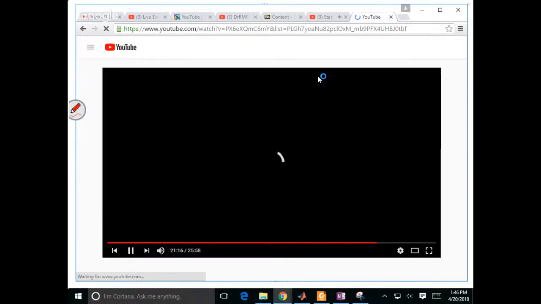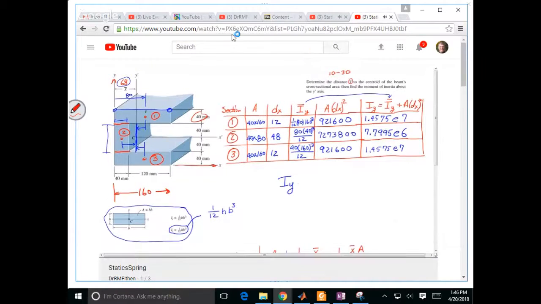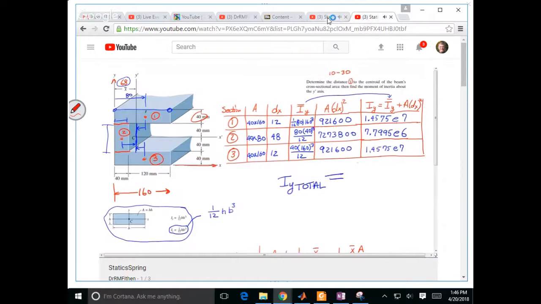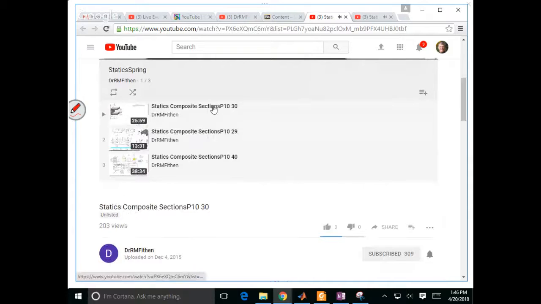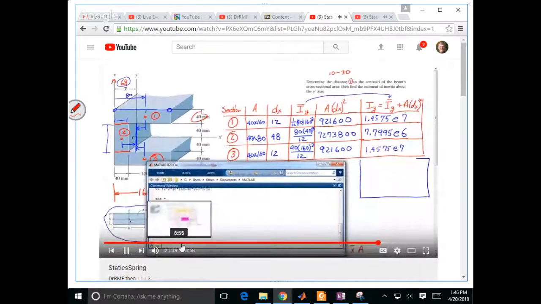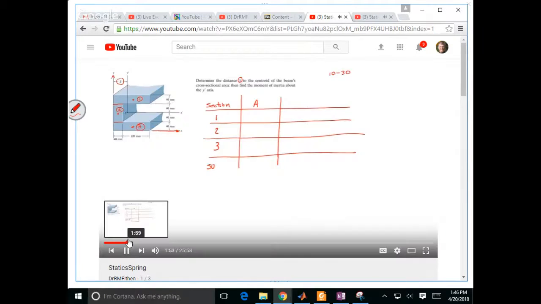Paste and go. Am I watching a playlist? But that's what I had before. List. Oh, that is. So you're watching the playlist. So then you could go down and click one of the other problems. So here's that problem. Oh, anyway. So there's that problem worked out.